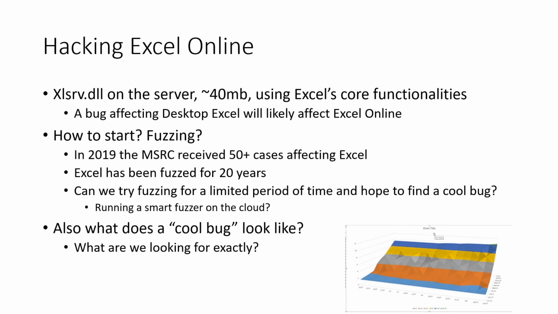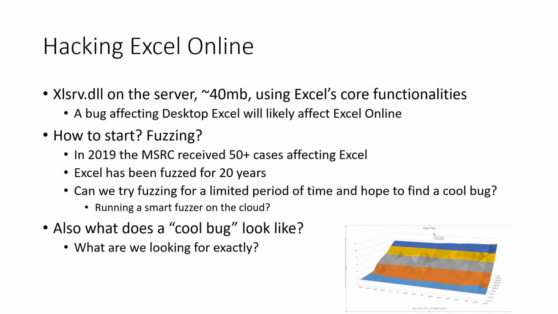So I was already a bit familiar with the internals, how things worked there. I also had a couple of ideas for complex exploits that I had never really put into practice, and I was curious to see if I could get something done. And of course, I was curious to use Microsoft resources to look at Excel, because that is something I had never done before.